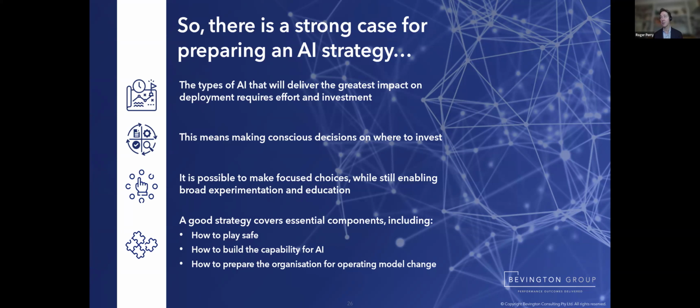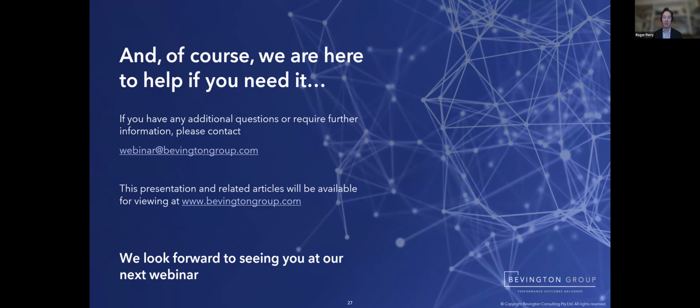How do you play safe in deploying these focus areas? Those will interact, so you can build more AI infrastructure as you build out your focus areas, and your organization will change. You can think ahead as to what's likely to happen and how you're going to manage it. And of course, you'll have to build some AI capability anyway, because you must maintain it. That's going to mean some early operating model changes. I hope you'd agree we've argued a reasonable case for that.